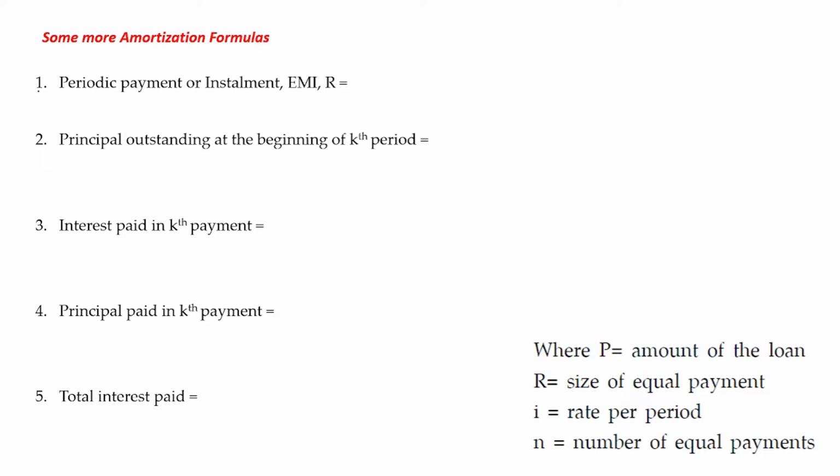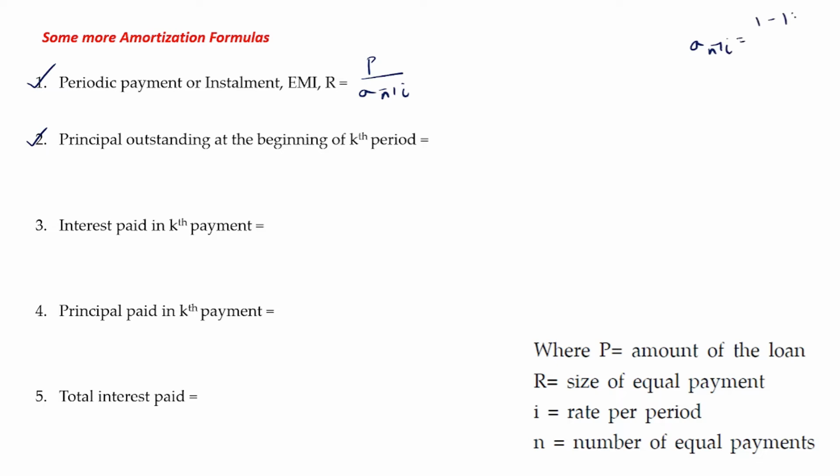In the previous video, we have seen the formula for the periodic payment or installment EMI. It is given by R is equal to P upon A angle N at I rate per period. This A angle N at I rate per period is nothing but the present value annuity factor.